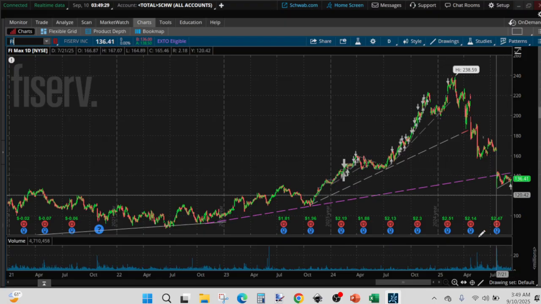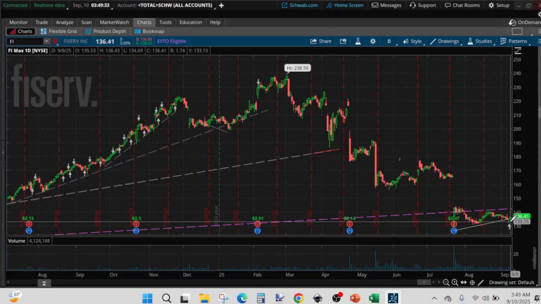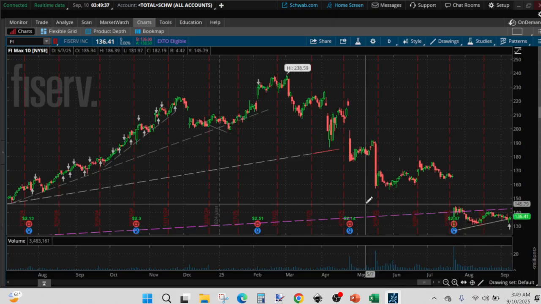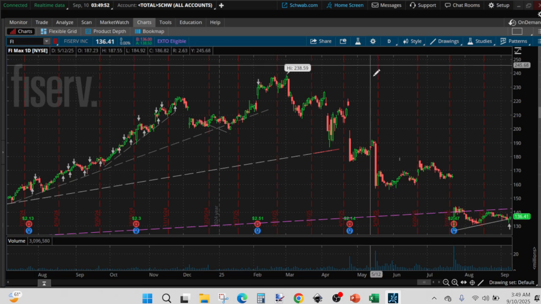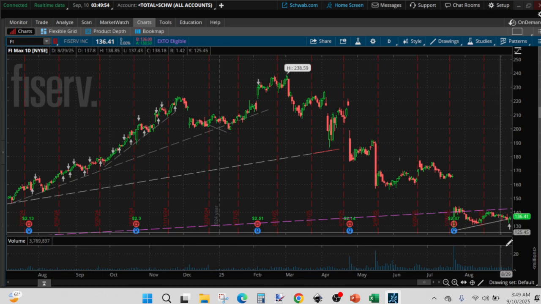The gap between, like, when they open in the morning and close in the evening, can be higher as well. I think it's like 136, 138.